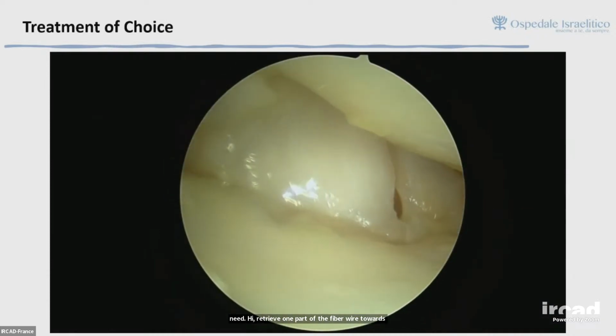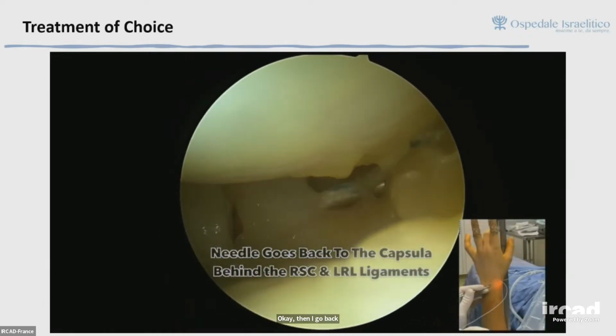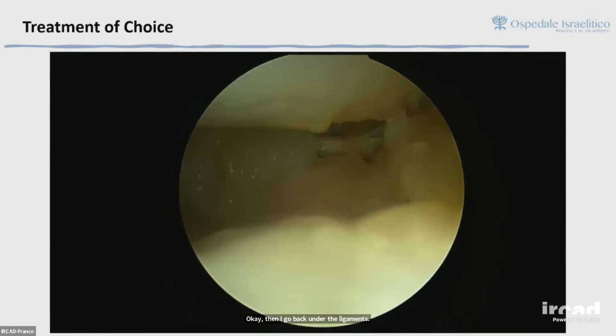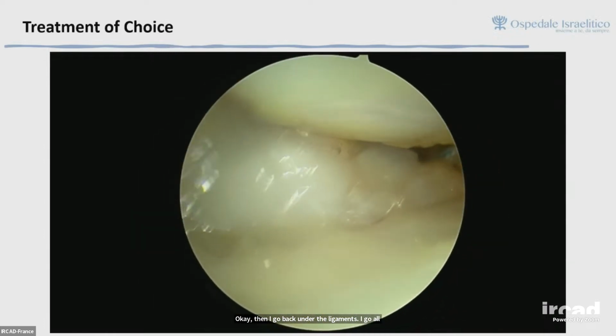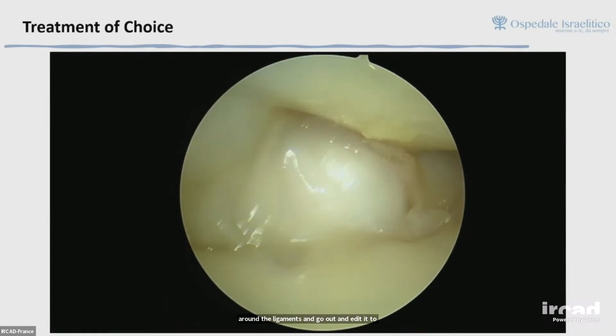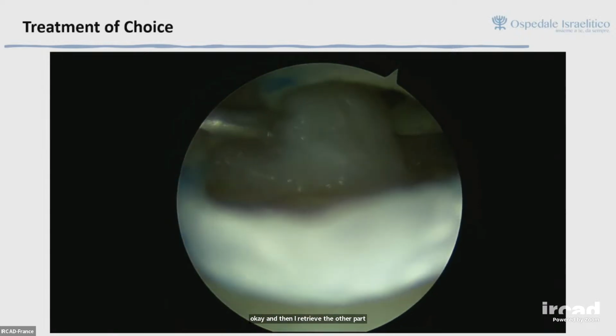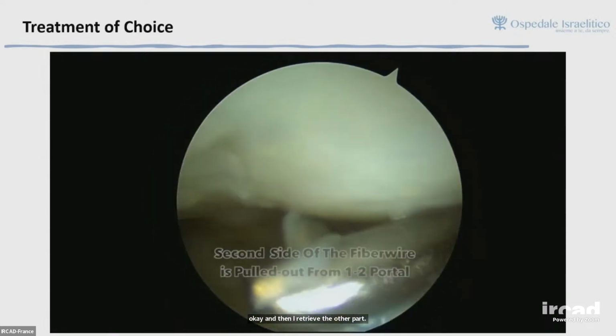Then I go back under the ligaments, all around the ligaments, and go out at the T2 ligament. Then I retrieve the other part of the fiber wire to the 1-2 portal.